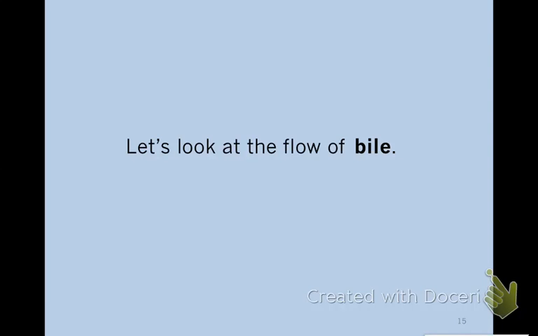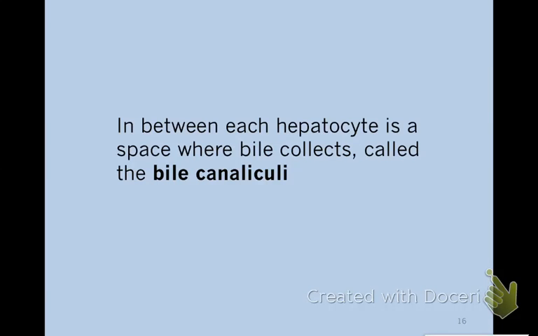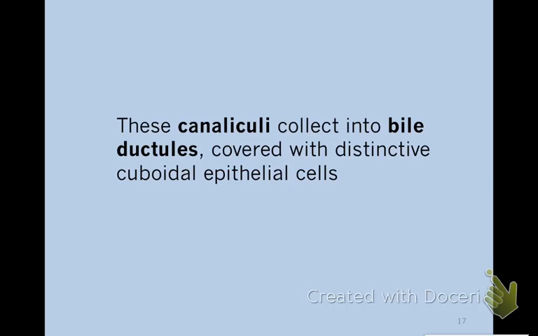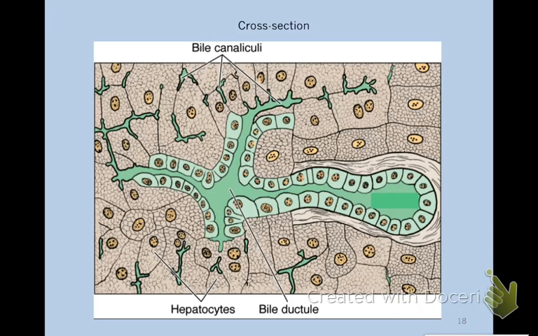So now let's look at the flow of bile. As I said, bile flows in the opposite direction from blood, and it doesn't use the sinusoids. Instead, it uses something called the bile canaliculi. In between each hepatocyte is a space where the bile collects, called the bile canaliculi. These canaliculi collect into bile ductules covered with the distinctive cuboidal epithelial cells.